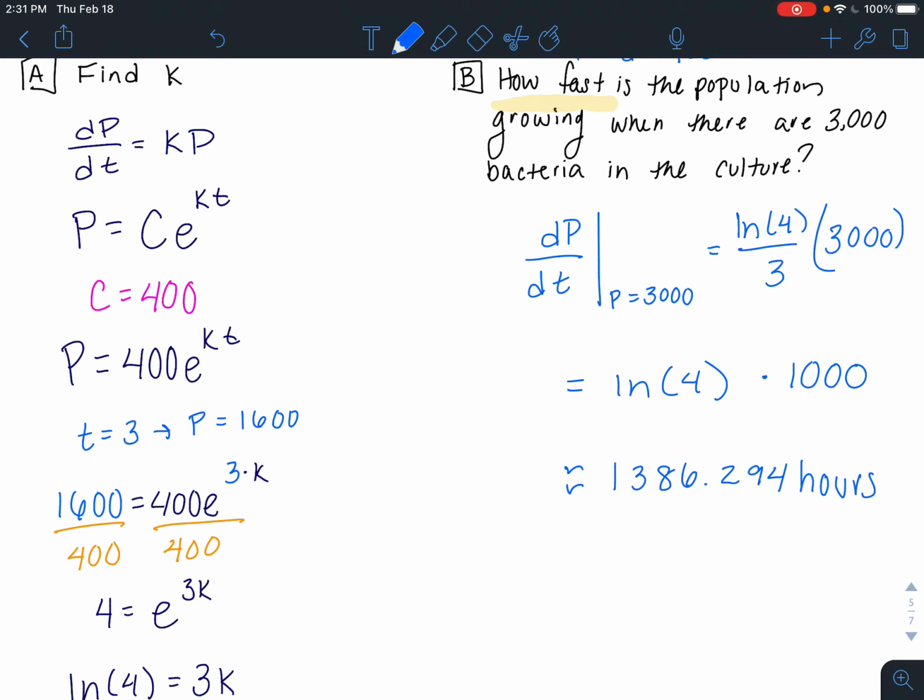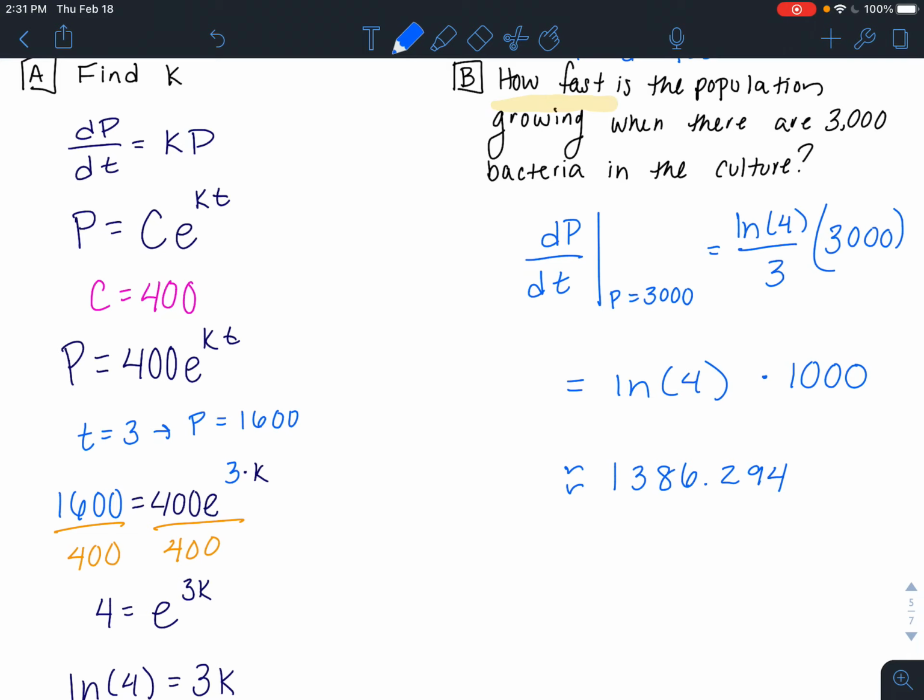To put that in perspective, if I divide that by 24, that's almost 58 days. It's just shy of 58 days for it to have 3,000. And I'm really silly about this because I apparently was not reading the question. We're looking for a rate of change, so we want to make sure the units are correct for the rate of change. So it is increasing, so it's not a t value.